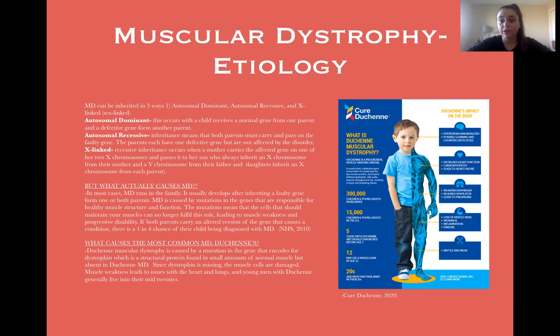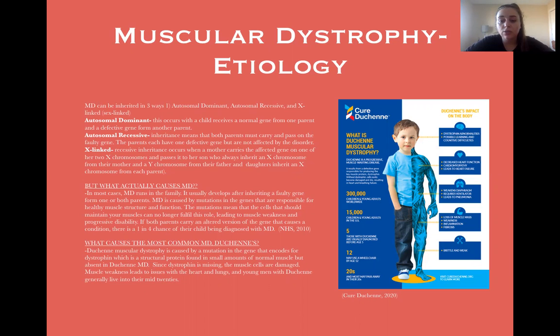Since dystrophin is missing, muscle cells are damaged. The muscle weakness leads to issues, particularly in the heart and lungs, and young men with Duchenne generally only live to their mid-20s, which is really unfortunate. Again, Duchenne's muscular dystrophy only affects younger boys. As in the picture on the side, a little bit of facts.